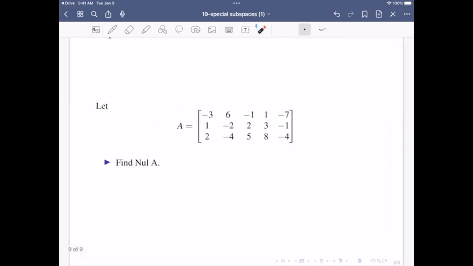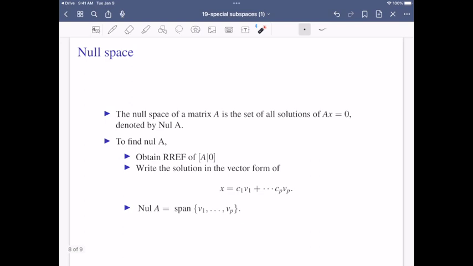Let's look at this example. Given a matrix, the same matrix actually, from the previous example, I want to find the null space of A. So we need to solve AX equals 0, so we need REF.